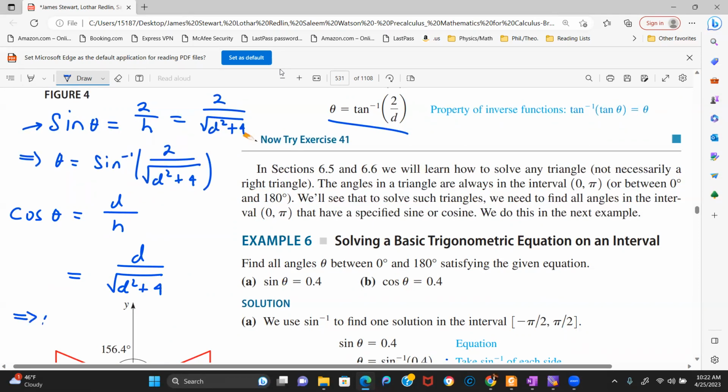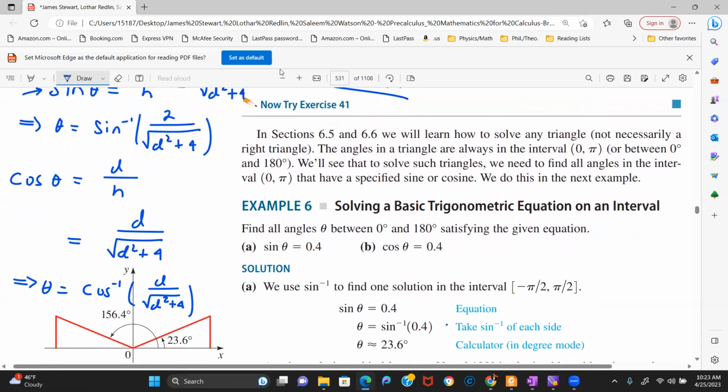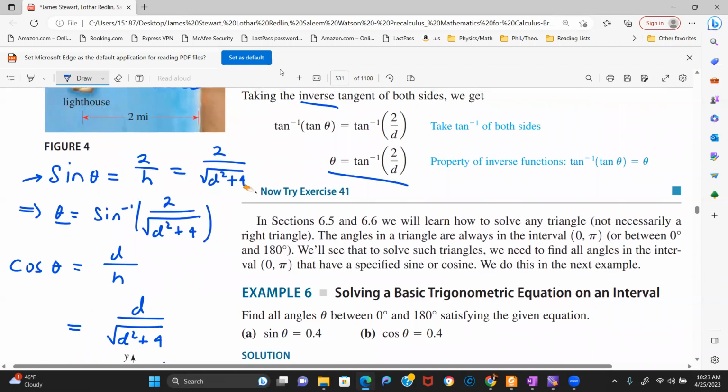That would imply that theta is equal to cosine inverse of d over the square root of d squared plus 4. But you can see that again, this theta is the same as this theta, which is the same as this theta right here. You can see the easiest relationship is to use tangent. But they're all the same, and I just wanted to show you that you can get all these.